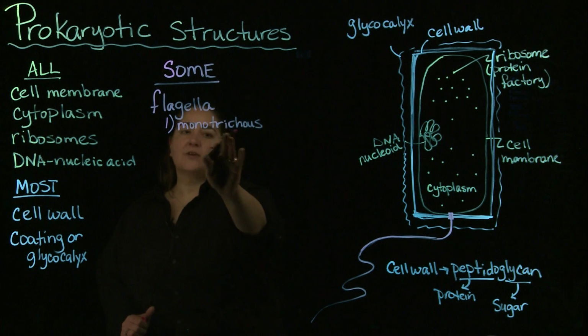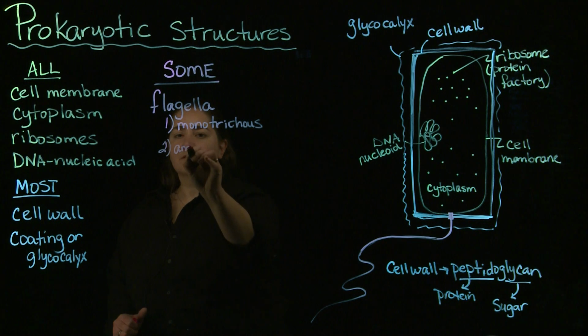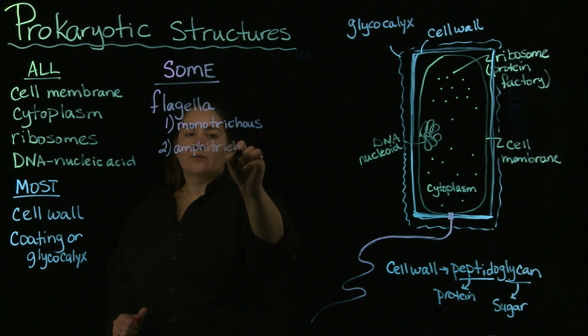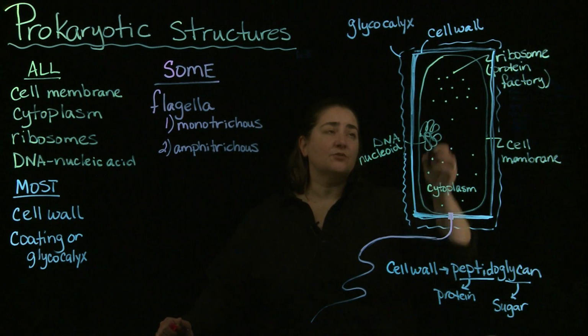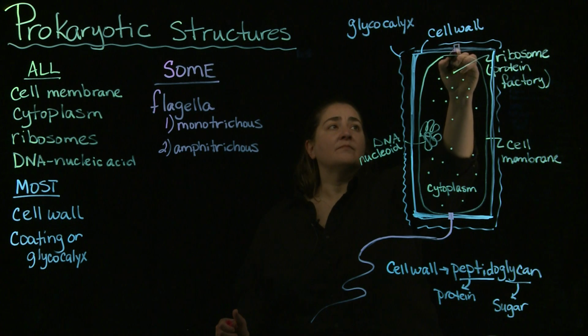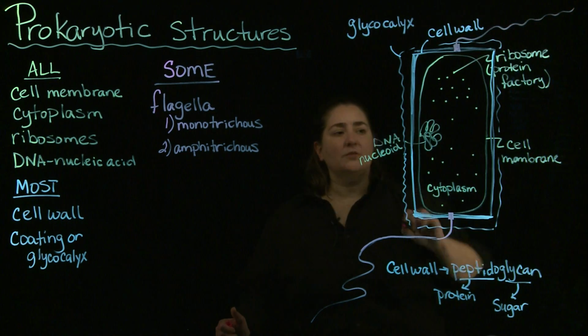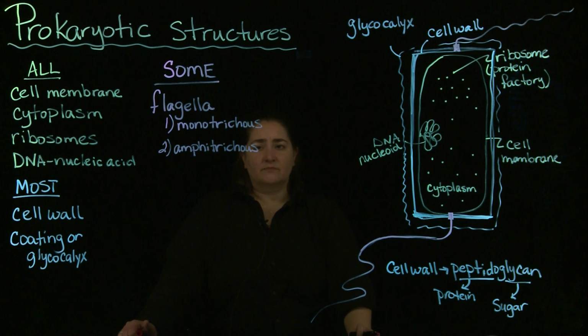You can also have bacteria that are amphitrichous, all right? If it's amphitrichous, it now is going to have a flagella at both ends of the bacteria, okay?